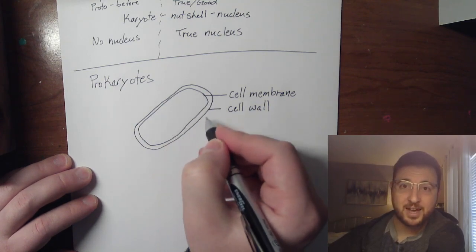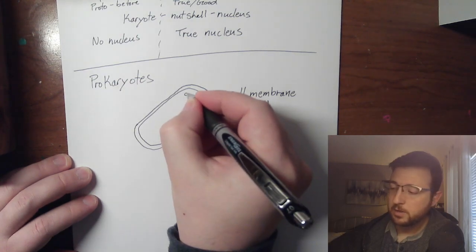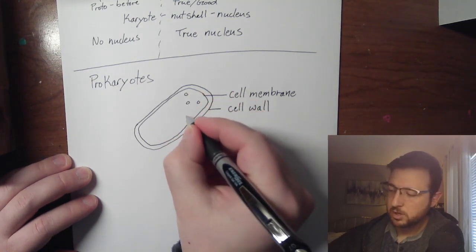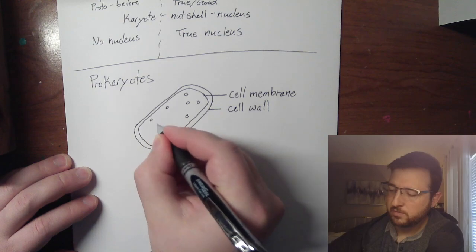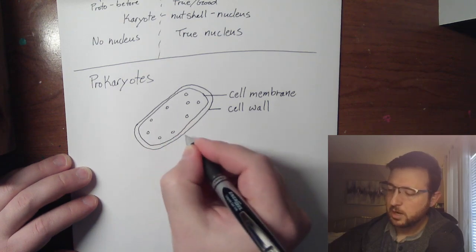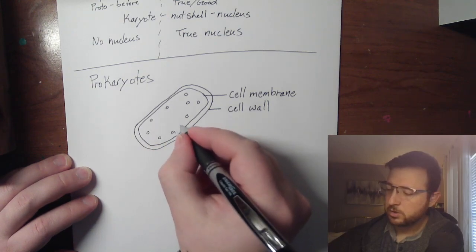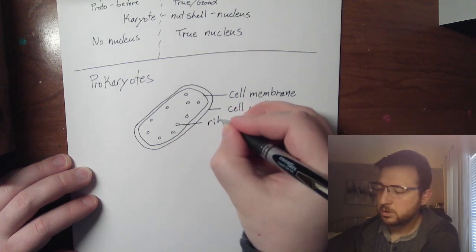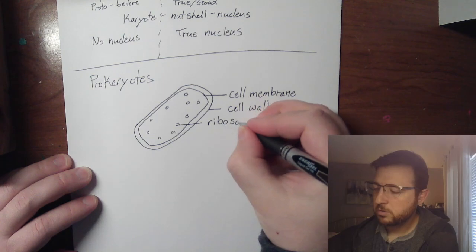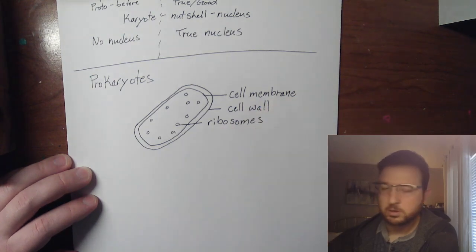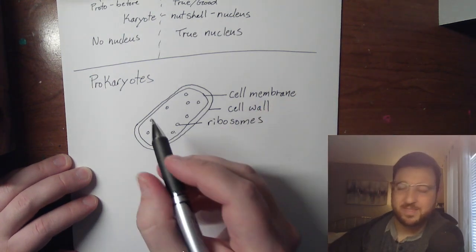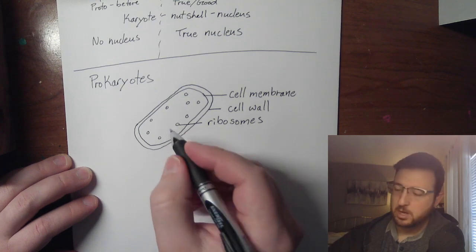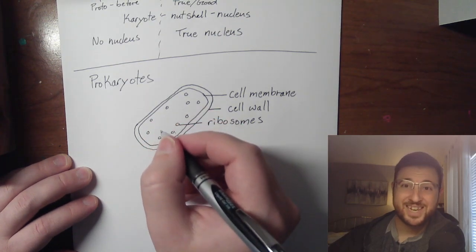On the inside of the prokaryote, there are these little structures that are very important for all cells, and these structures are called ribosomes. Ribosomes. Okay? And then in the middle of the cell, these prokaryotes have DNA.